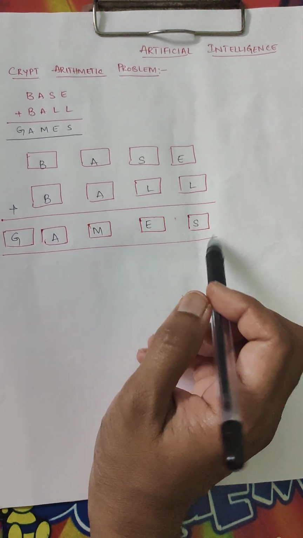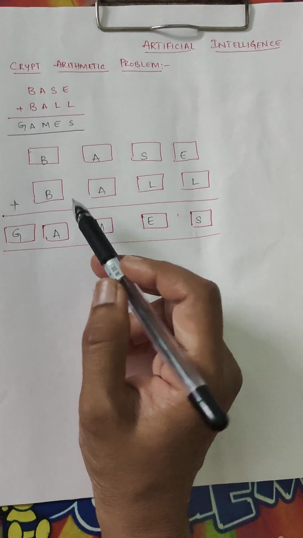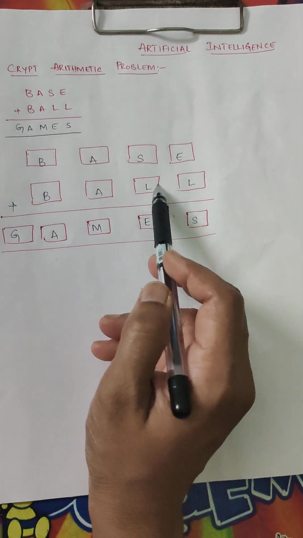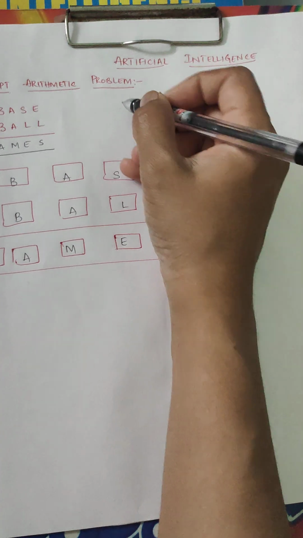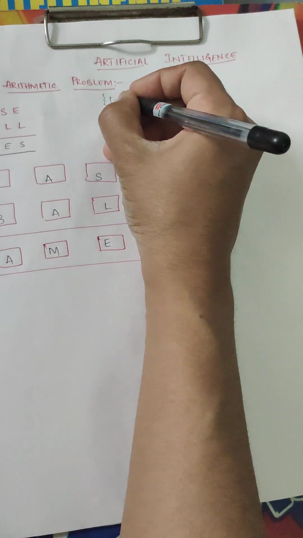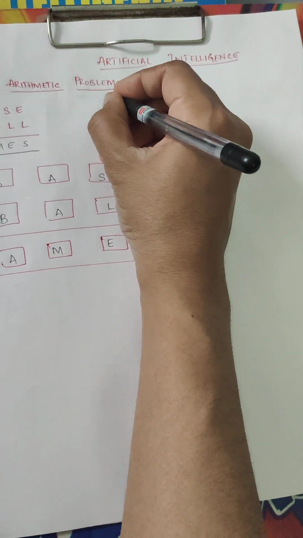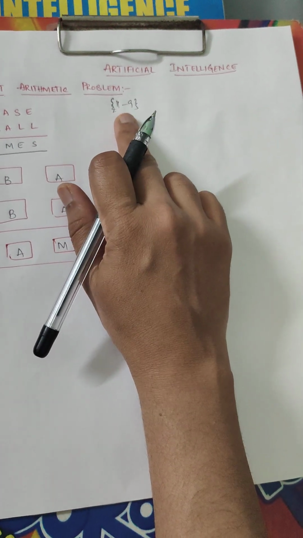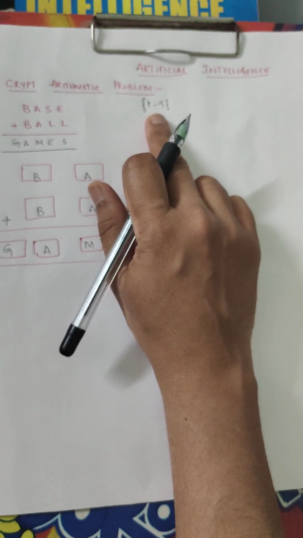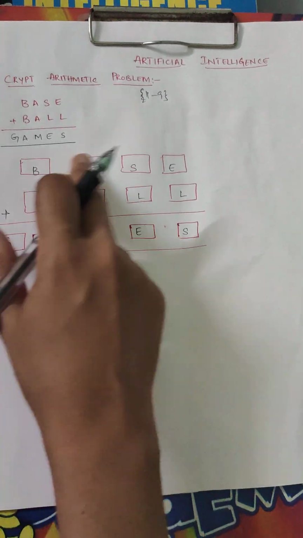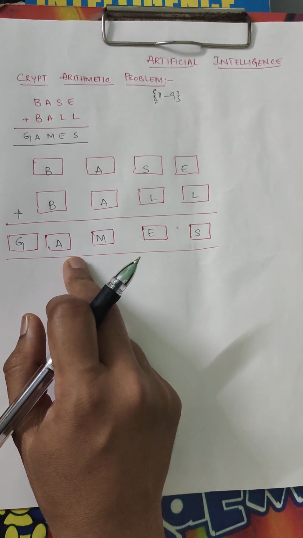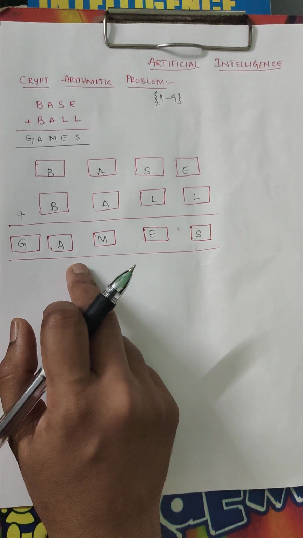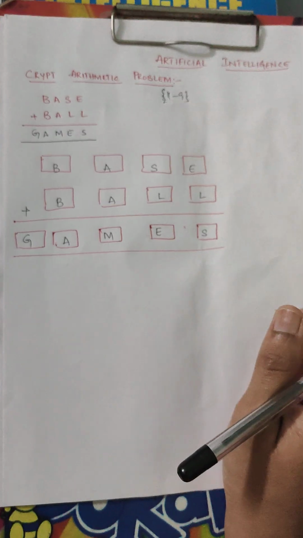What we do in this kind of problem is that each and every letter will take digits from 1 to 9. Individually, each letter will be taking numbers from 1 to 9, or you can assign them as digits. Okay, so now we are trying to know how this is getting evaluated with the help of these digits.